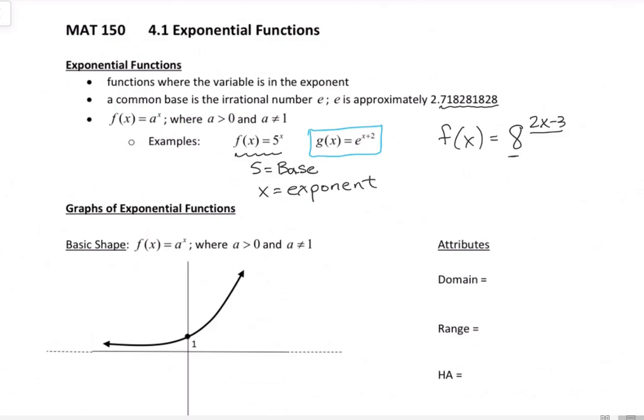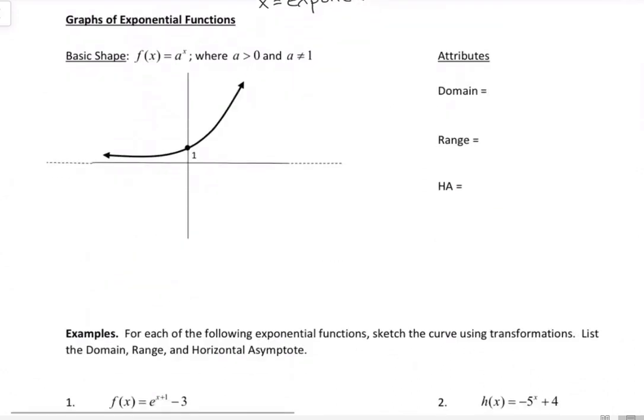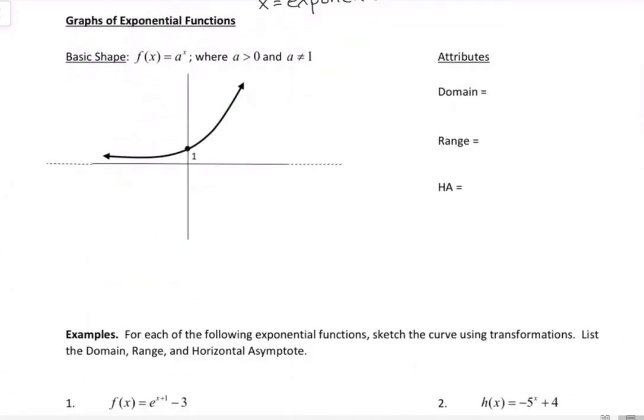So what we're going to do primarily in this lesson is learn how to graph exponential functions using transformations. If you remember back in our transformation section, we learned how to identify whether a curve was being shifted up, down, left, right, or reflected.